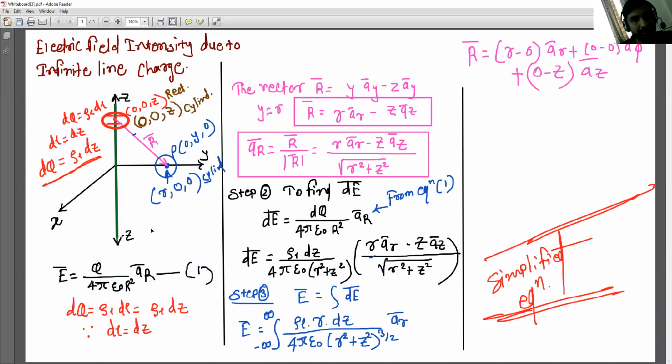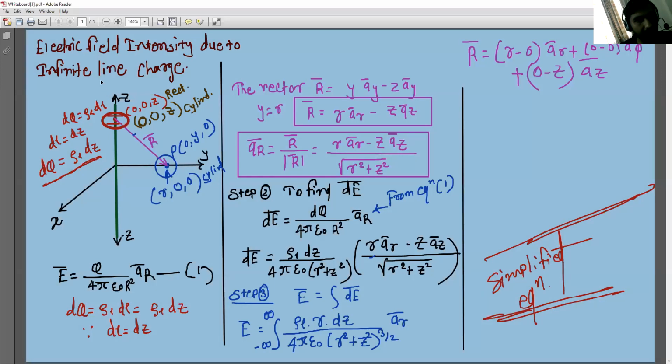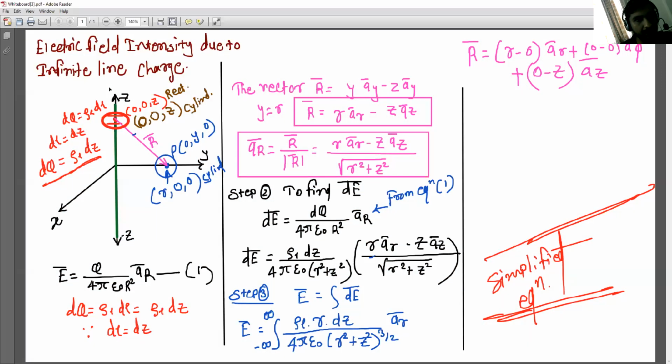Now for this case, just to simplify the equations, we have made assumptions. This infinite line charge is placed on the z axis, right? So half of that towards positive z, half of that towards negative z axis, having center at origin. So this way we have placed the infinite line charge.